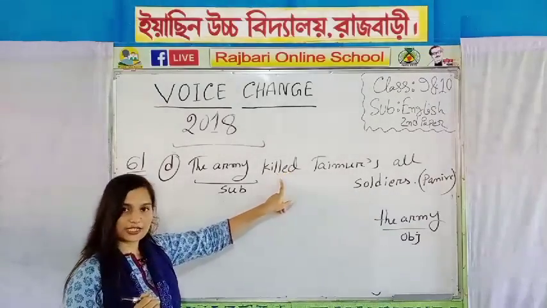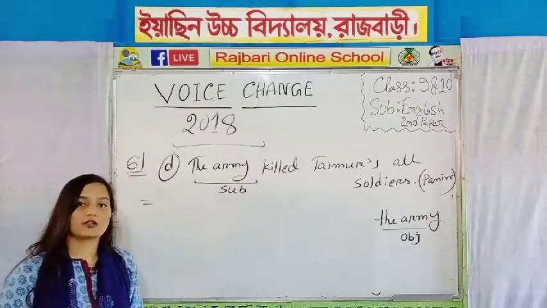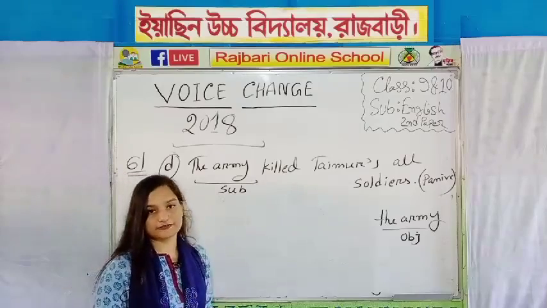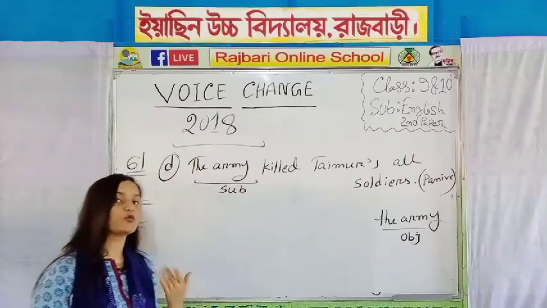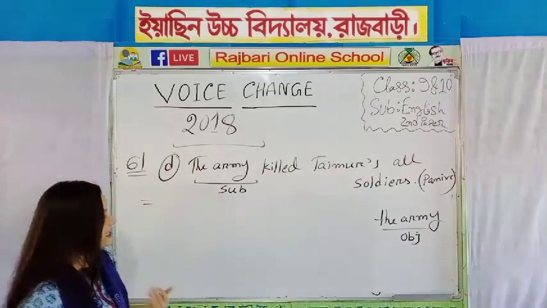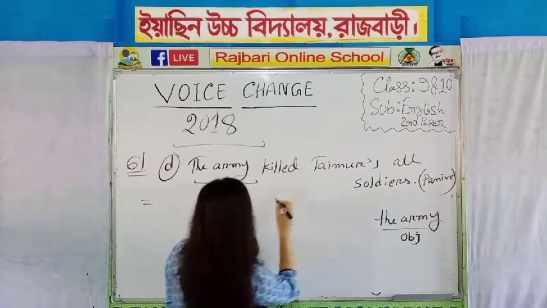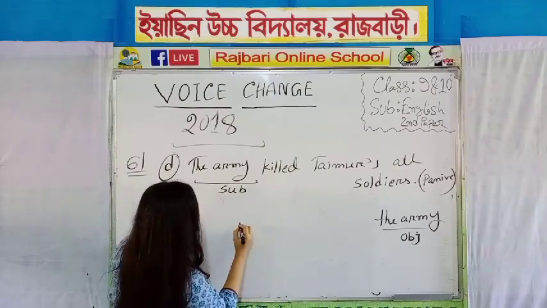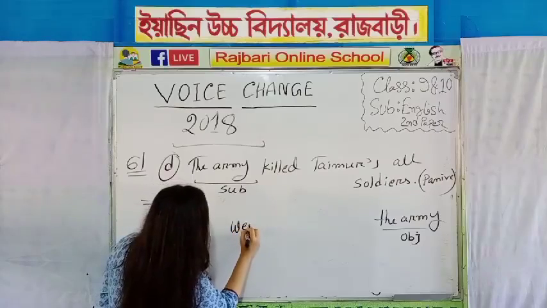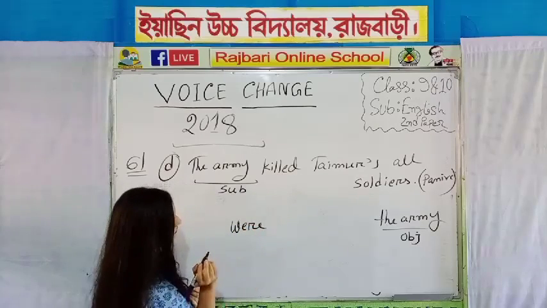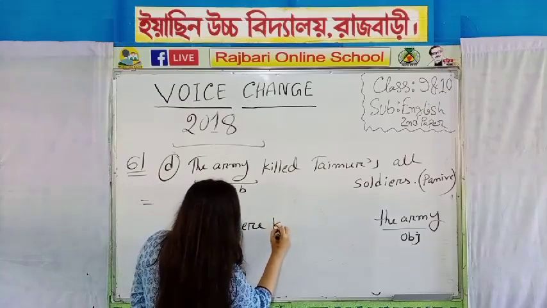Killed is past indefinite tense. So we know past indefinite tense. For past indefinite tense, we have to bring was or were. Since here the object is plural, so we can write down were. Killed.